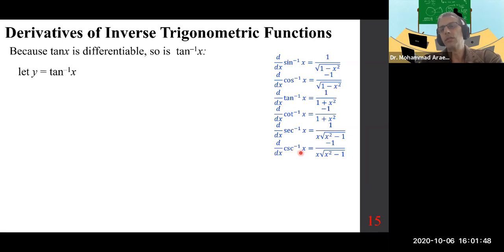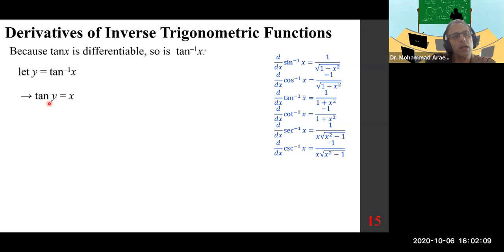Cosecant inverse is the same thing, just change it to a negative sign. So pay attention to, and as long as you know 3 of them, you know the rest of them. So what is the derivative of tan inverse? Again, we don't know. Let's write that again as what? Tan y equals x and do the implicit differentiation.